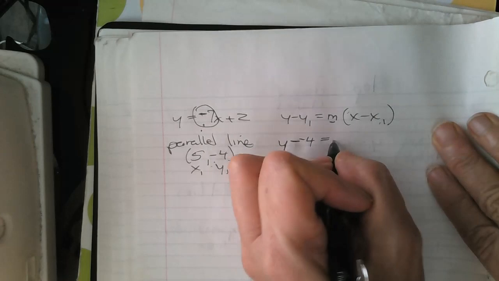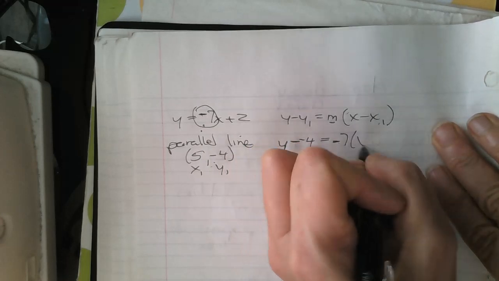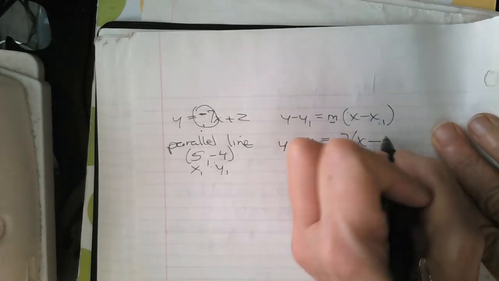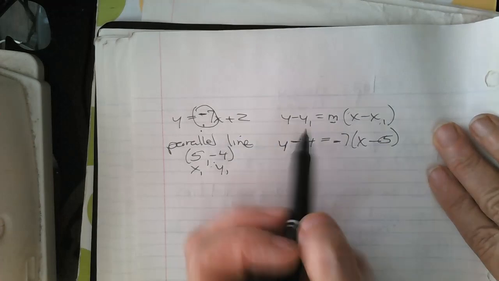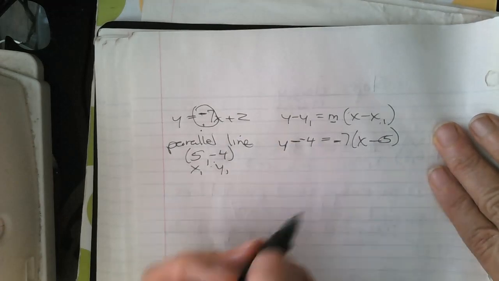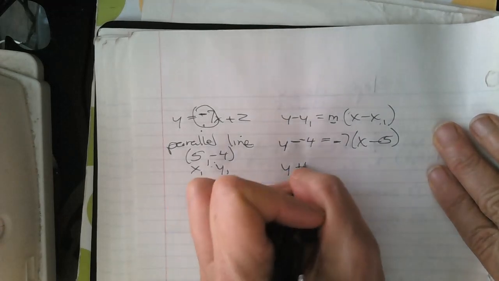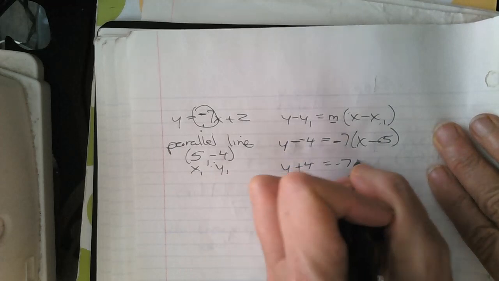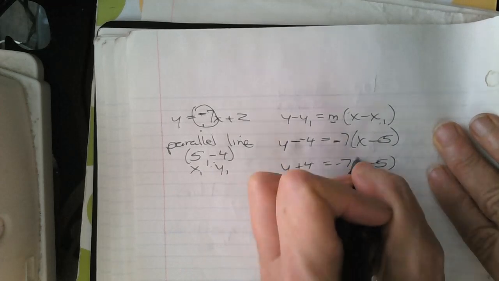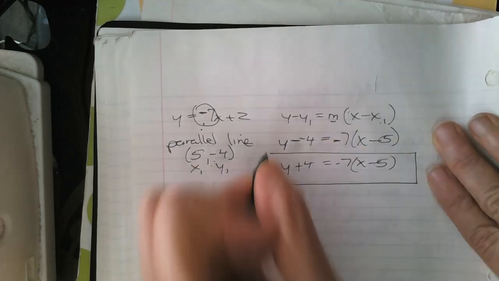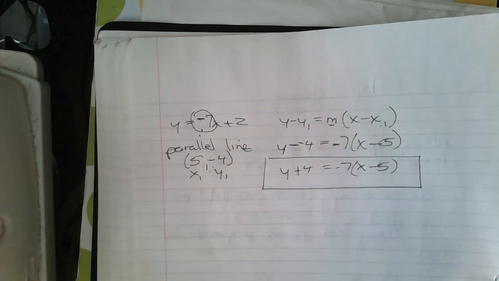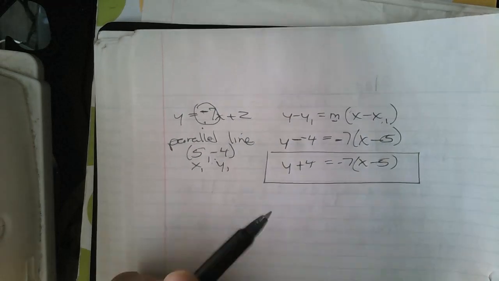There we go. I am answered. This is what I'm actually testing you on. One of the things I'm testing you on is if I give you a line and a point, can you use the point slope? Can you make a new equation in point slope form?